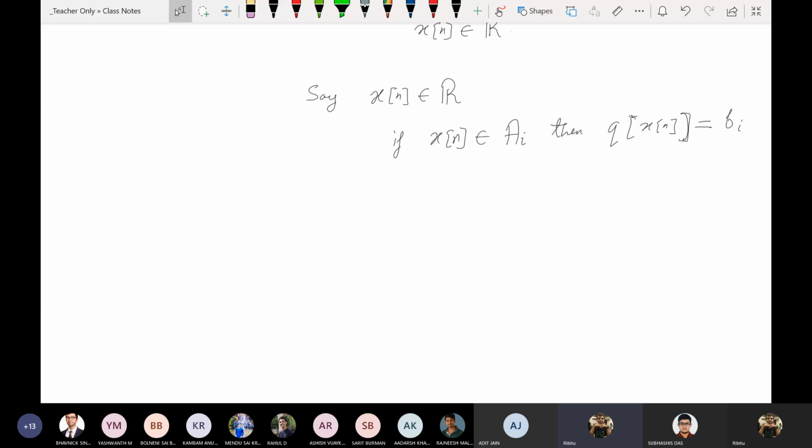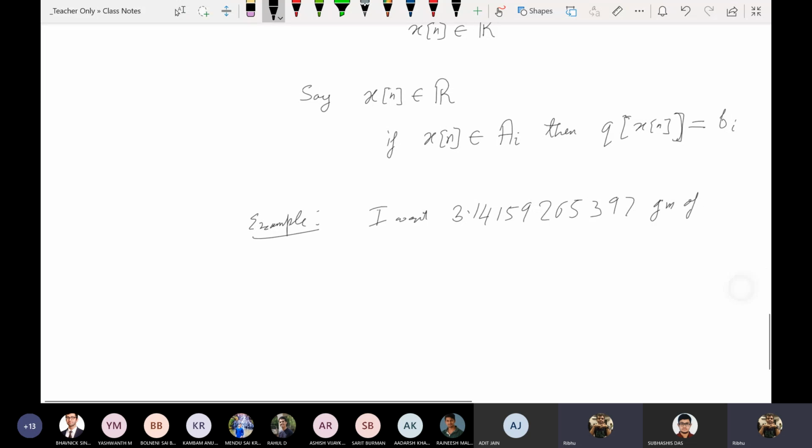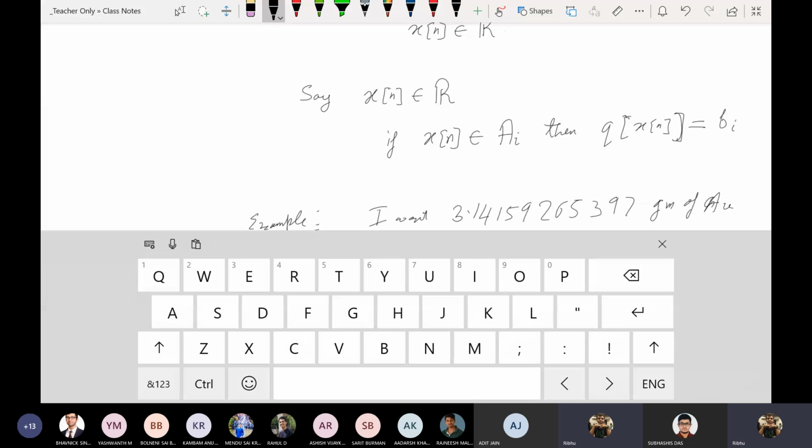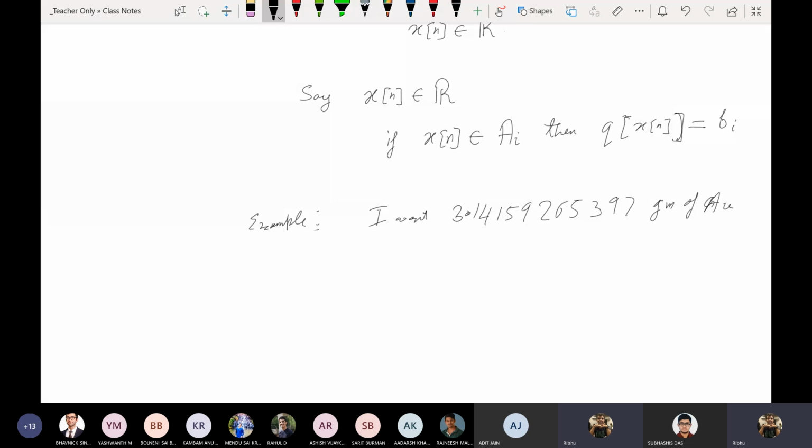As an example of quantization, because that's important, say I tell you that I want 3.141592653997 grams of gold, because this precise quantity can only be for gold or platinum or something like that. I'm not that rich actually. Would you go tell a jeweler that you want this much gold?